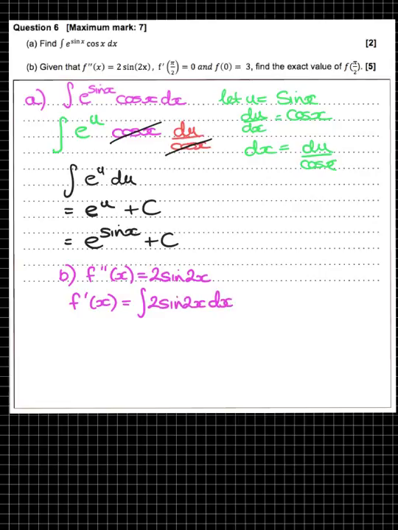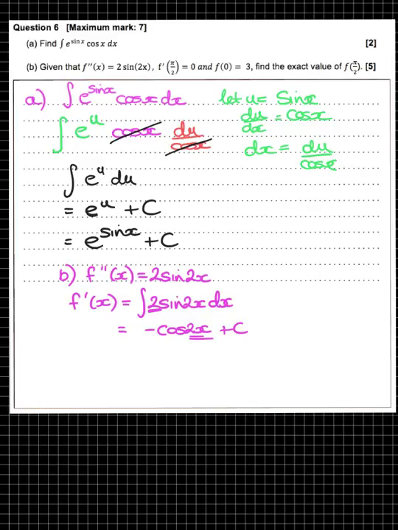We need to integrate that. When we integrate that, the integral of sine becomes negative cos. So it's going to be negative cos 2x, and we've got to divide by the derivative of this inside bit, the 2x, the derivative of that is 2. When we divide by 2, it would cancel with the 2 that was already there. Okay, so that's nice and easy. Don't forget your constant of integration.